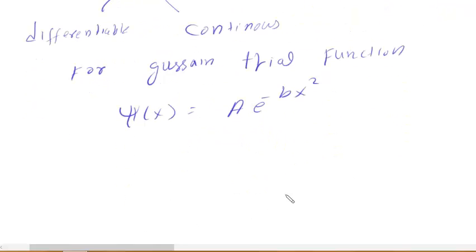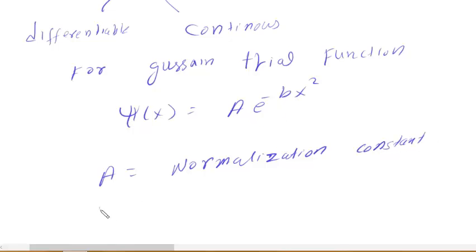And here the A is the normalization constant, while b is the adjustable parameter.